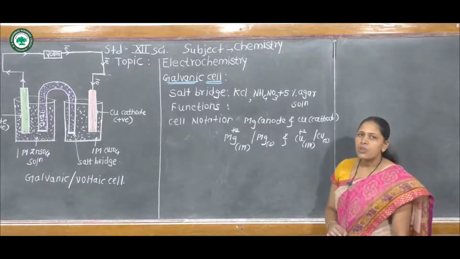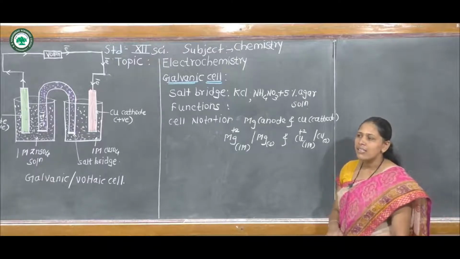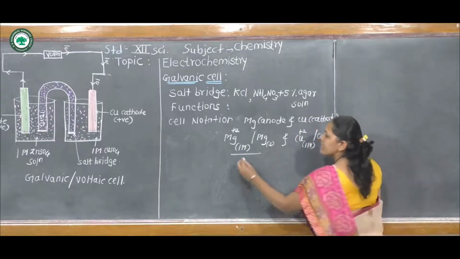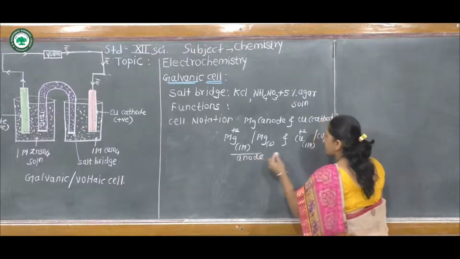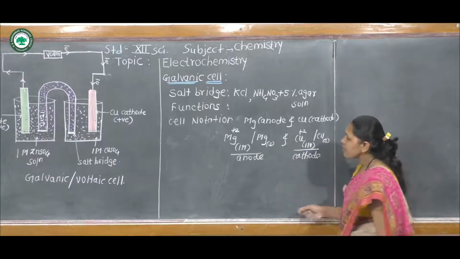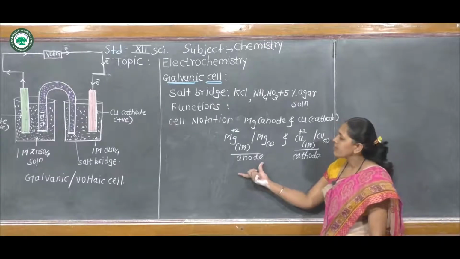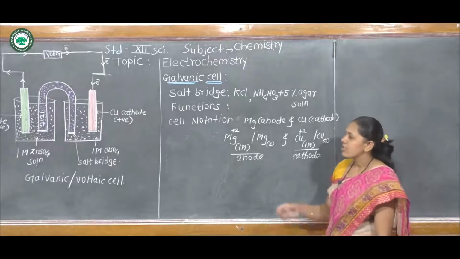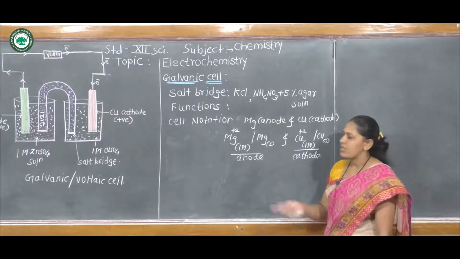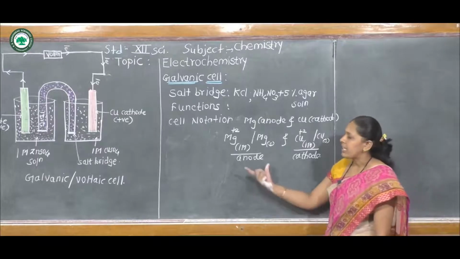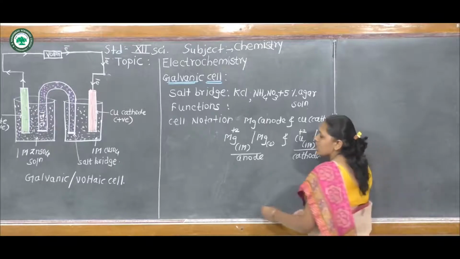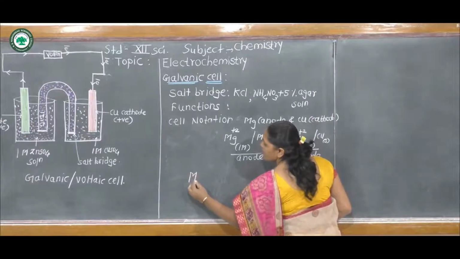Therefore, the magnesium electrode is written at the left hand side. At the left hand side it is the anode and this one is the cathode. Remember, to write an anode, the sequence of electrode is solid first and then aqueous, and here aqueous first and solid after. Therefore, this electrode must be reversed.